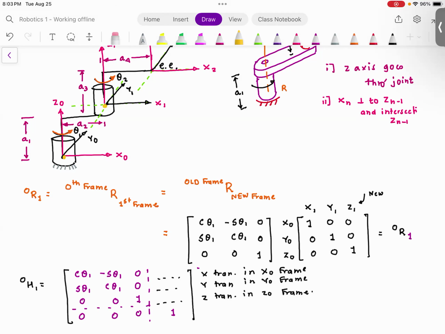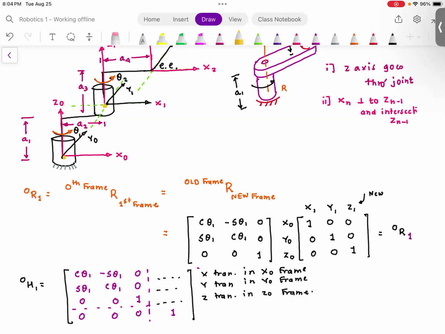And you see A2 cosine theta is the distance in the X0 direction. Have you understood why A2 cosine theta? If theta is equal to 0, A2 cosine theta becomes A2, and that is the case shown over here. But you need to make sure that the distances between these two coordinate frames are valid for all possible values of theta.